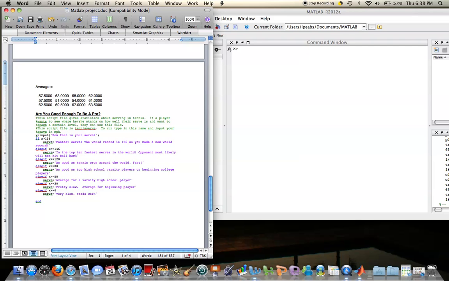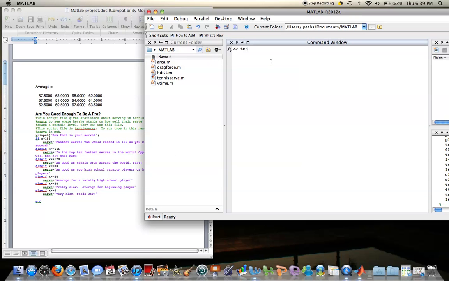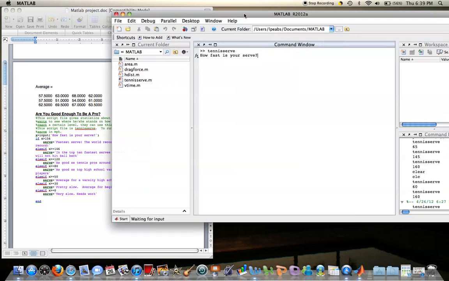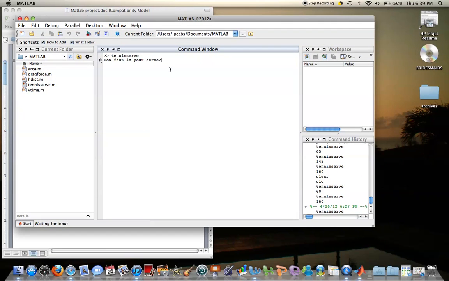This script file is called tennis serve. To run it here in Matlab, which I will demonstrate, you just type in tennis serve, and this question pops up: how fast is your serve? In high school, mine was around 65, so I'll just say that. And it comes up and says that you're average for a varsity high school player, which makes sense.